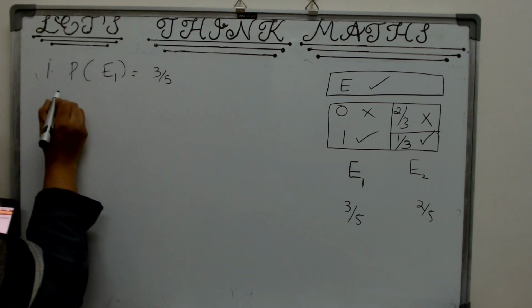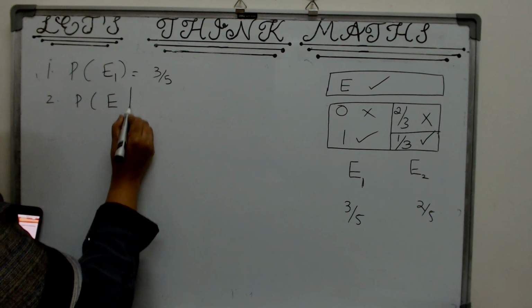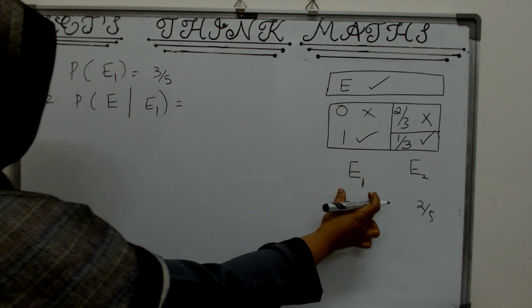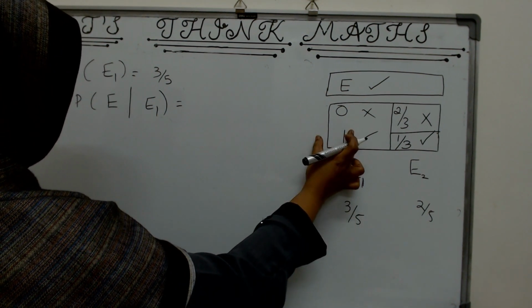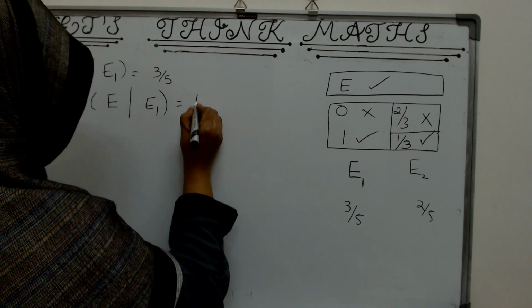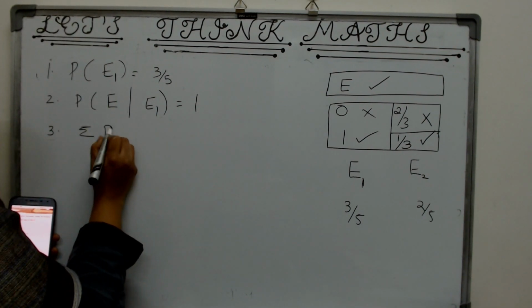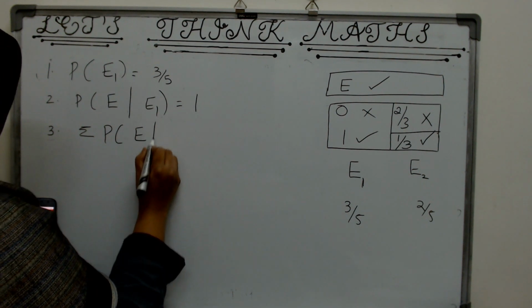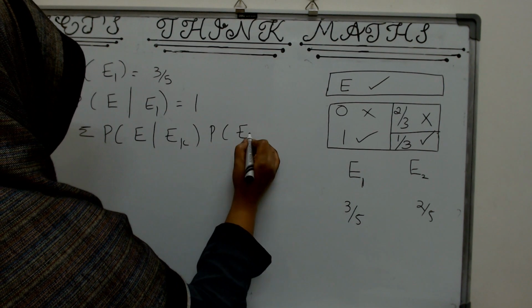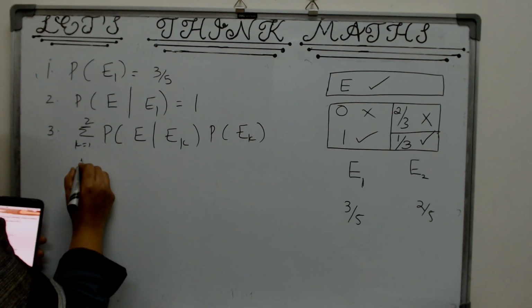And the second is what is the probability of E given E1? Again, it's easy from the chart. Go to E1. What is the probability that the answer is right? 1. Third, sigma probability of E given Ek into the probability of Ek, where K varies from 1 to 2. What is that?